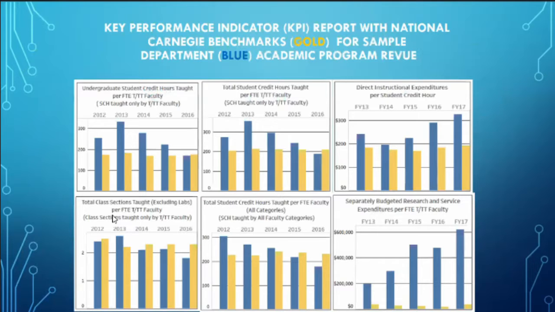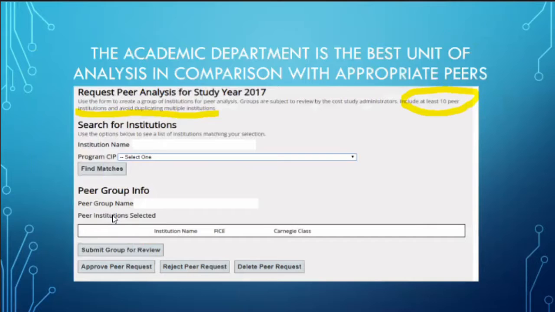Now, turning our attention to another topic, we really encourage the selection of appropriate peer comparisons when we're doing any kind of analysis. The Carnegie analysis that we saw in the last slide was important, but sometimes departments or deans are much more interested in a specific subset, and that subset would really best be geared to your academic department peers.